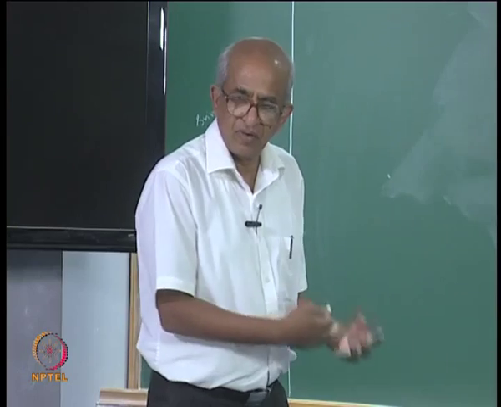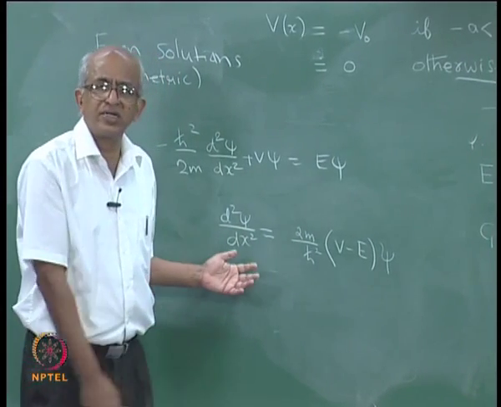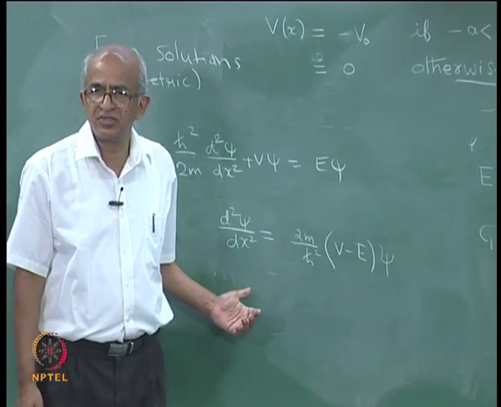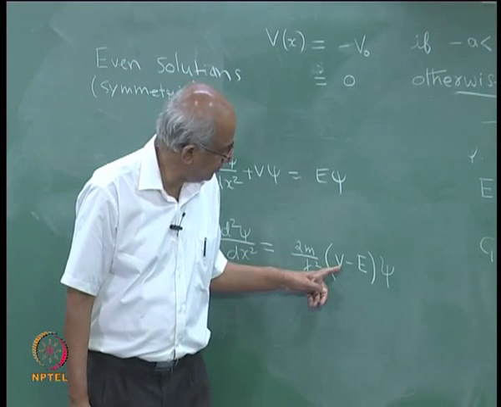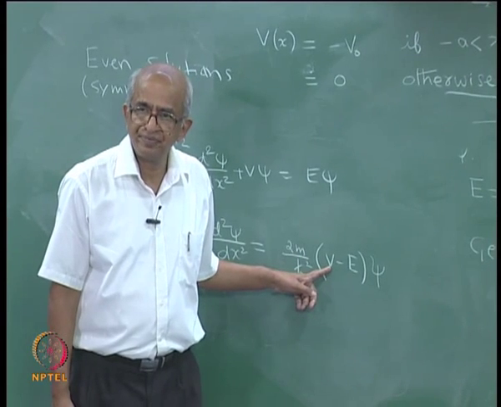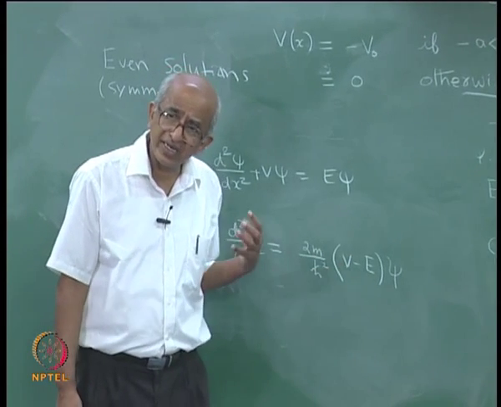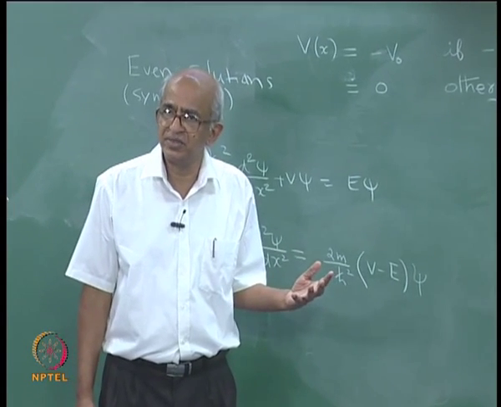Now, if you look at this equation, after all, what is this? It tells me how much the second derivative of the wave function is, that is all that it does. And if you had a situation where the potential is discontinuous, that means the second derivative of the function is discontinuous, that is all that it means.